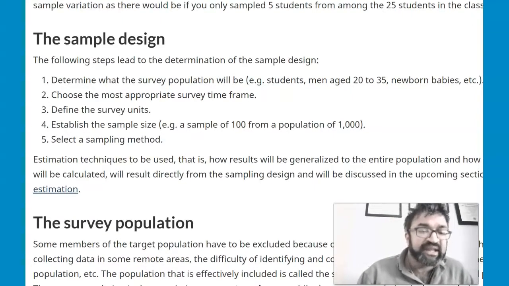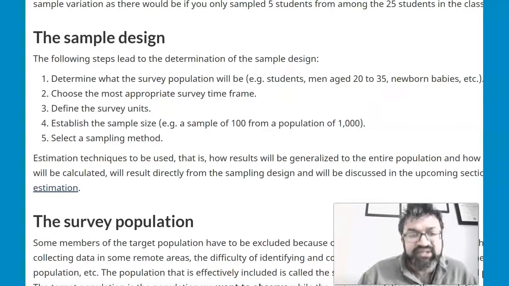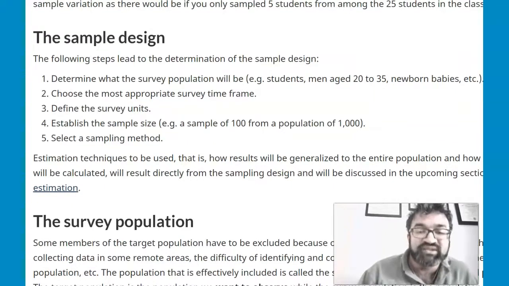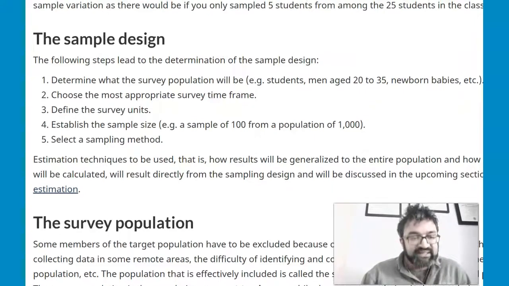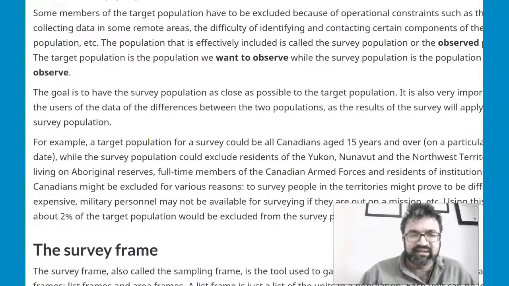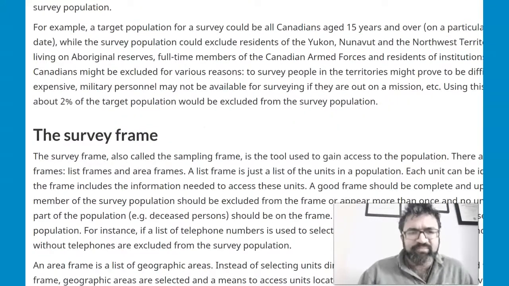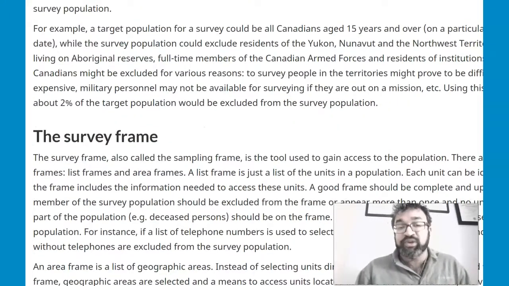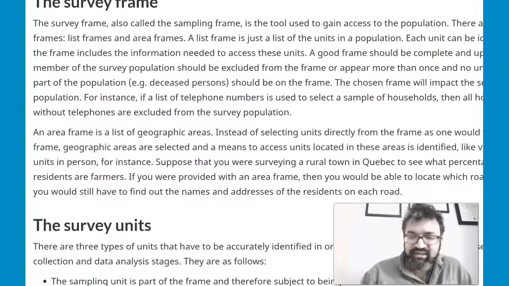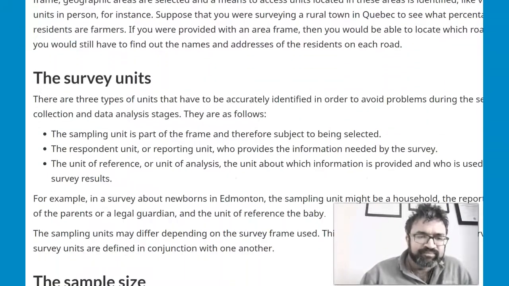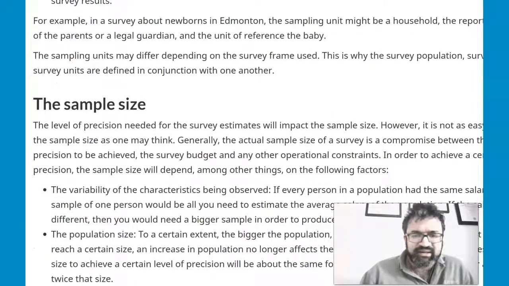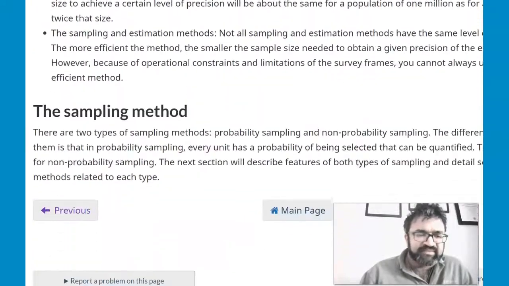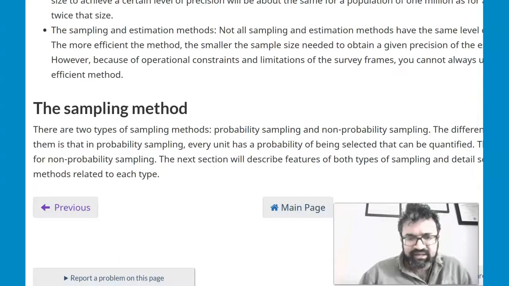So there's 5 steps to that: determining what the survey population will be, choosing the most appropriate survey time frame, survey units, sample size, and sampling method. So survey population, what is the observed population, sampling frame, and then survey units, and then finally sample size.